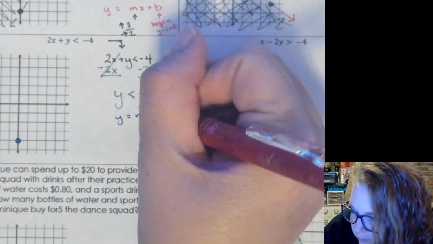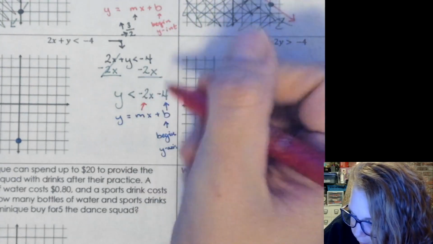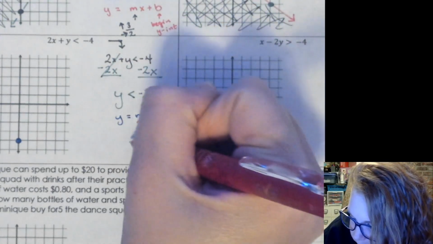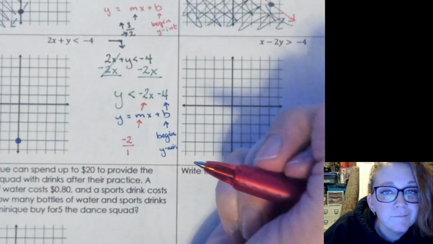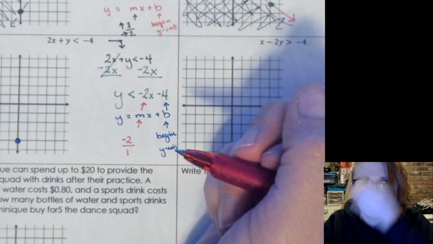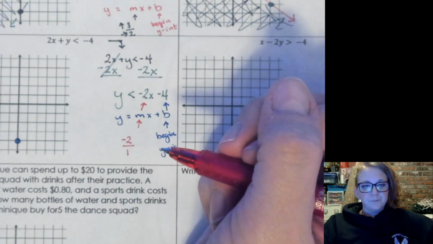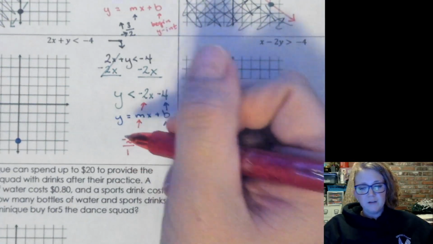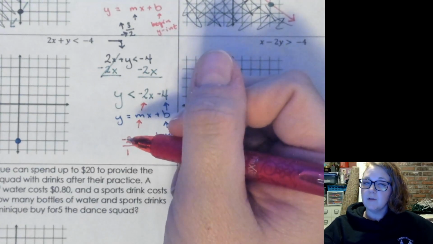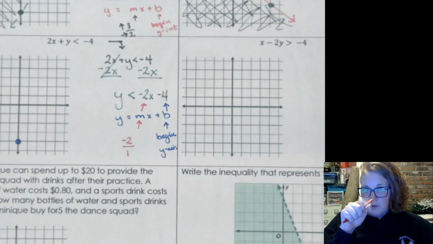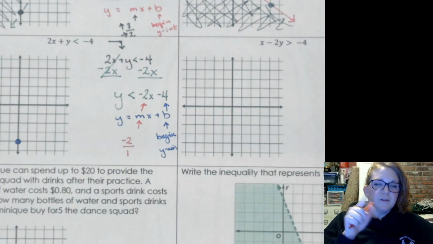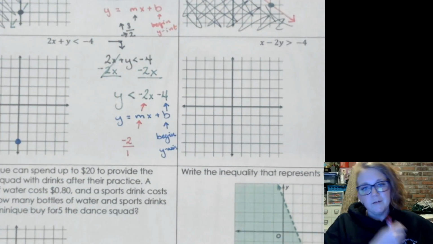All you've got to do is take that -2 and put it over a 1. That's it. Now remember, fractions for slope are rise over run. The top number is how much you go up or down, and the bottom number is how far you go to the right.